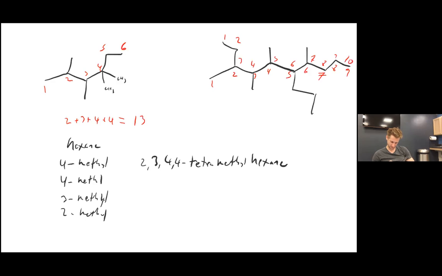So that's going to be less. I accidentally deleted the methyl there. So that will be our longest chain. If we branch the other way, this would be 7, 8, 9, so that's less. All right, we've got a substituent.